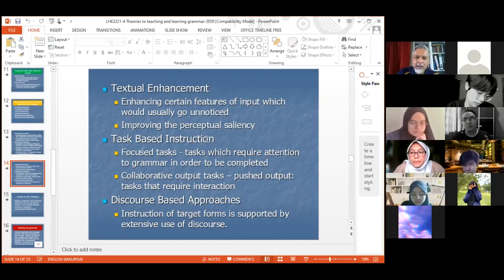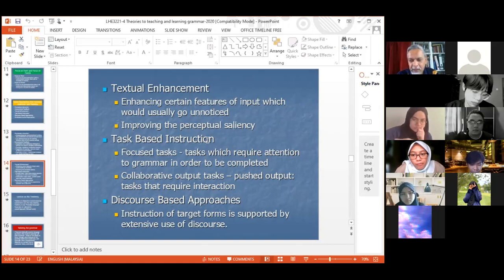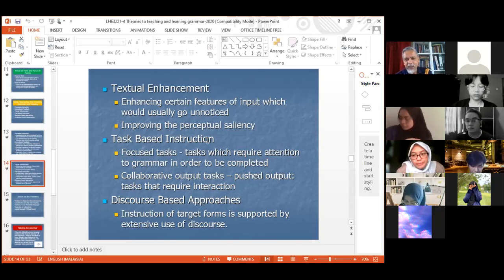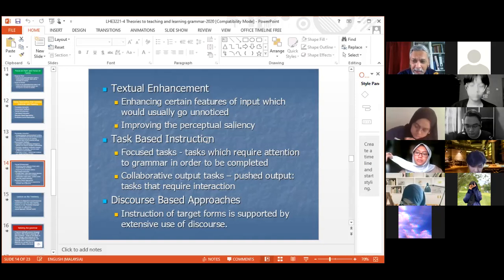Okay, task-based instruction. Task-based instruction is basically where your instruction involves completion of tasks. You give students tasks to do, whether they are communicative tasks. For example, they have to complete something by communicating with people, and through the completion of the task, they will actually gain the grammar point.